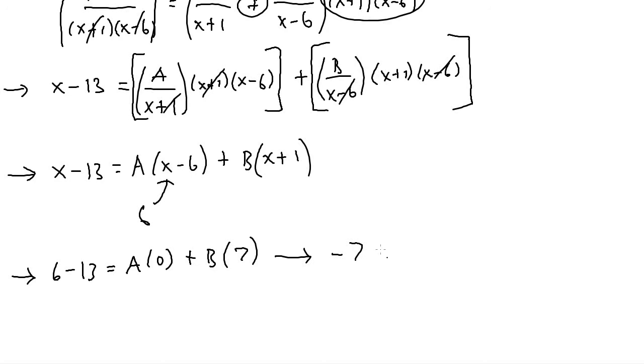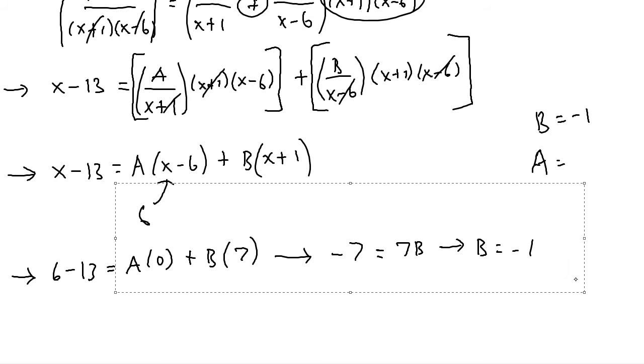A times 0 cancels. We get negative 7 equals 7b. So b equals negative 7 divided by 7, or negative 1. I'll put that off to the side, where b equals negative 1. And a is a certain value that I can figure out later.